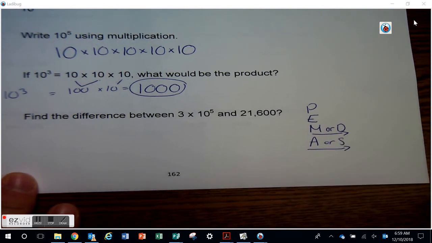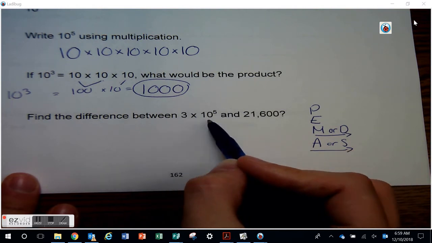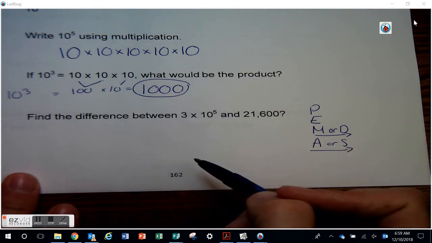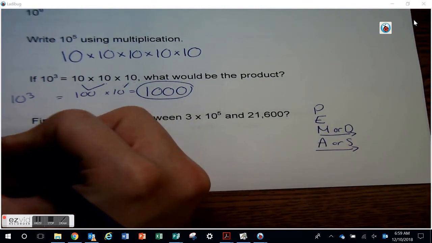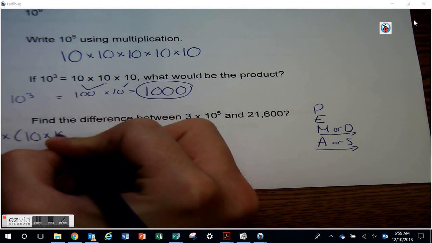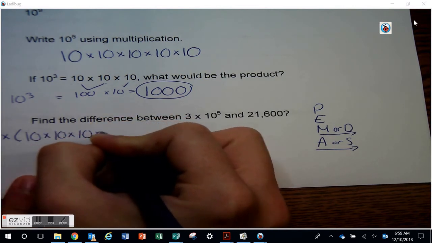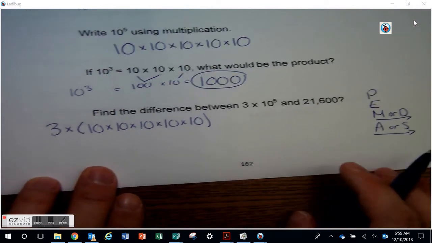So let's focus on this problem first. 3 times 10 to the fifth power. Well, 10 to the fifth power is going to be 10 times 10, 2, 3, 4, 5.